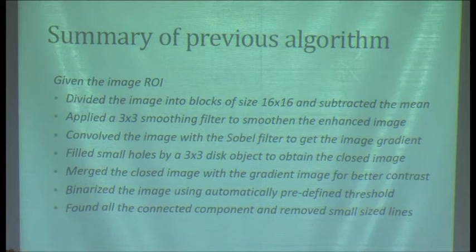Small holes were filled by closing the image, and this image was merged with the gradient image, and a binarized image was created from this by an automatically predefined threshold. Then the connected components were found, and the big connected components were presented as the principal lines. But we saw that this algorithm was not giving good results.